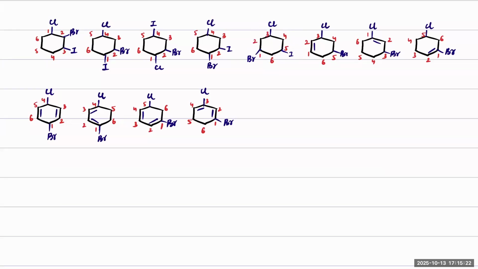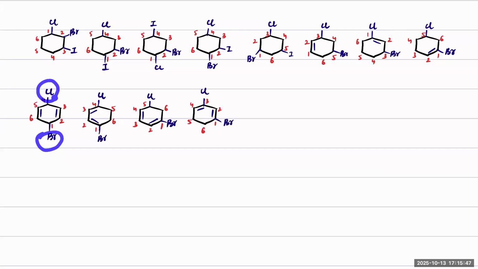Okay. Next one. Always double bond is more preferred whenever there is a double bond. So 1, 2, 3, 4, 5, 6. Double bond here with lowest numbering of chlorine. So 1, 2, 3, 4, 5, 6. Double bond with lowest numbering of bromine. Again, whether you go double bond this way or this way, same numbering. So bromine is alphabetically more than chlorine.